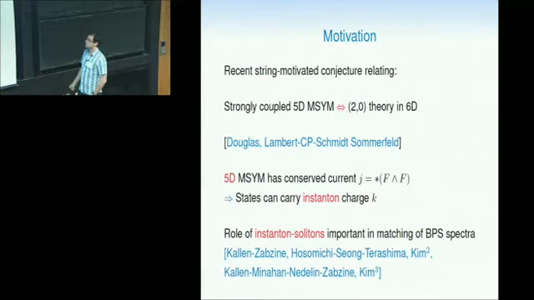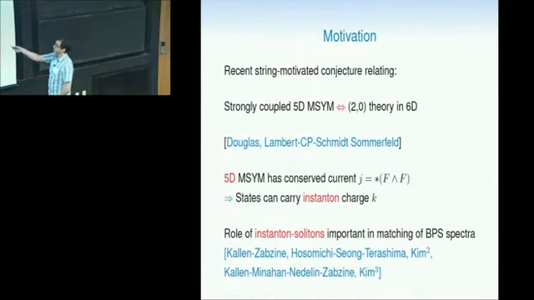There's a recent string-motivated conjecture relating the strong coupling limit of 5D Yang-Mills with maximal supersymmetry and the (2,0) theory in 6 dimensions, which is supposed to be describing the low-energy dynamics of multiple M5-branes in M theory. I don't want to say too much about the motivation behind this conjecture itself, just that a crucial role in coming up with this idea comes from the fact that 5D Yang-Mills has a conserved current, J, given in terms of the Hodge dual in 5 dimensions of the second Chern class of the gauge field.